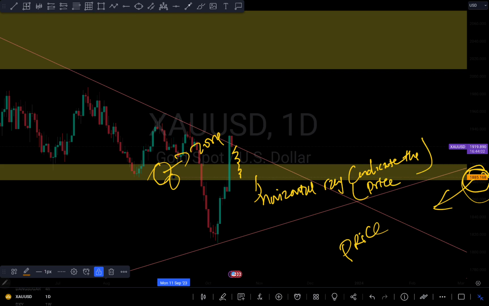So I'll be able to understand that, okay, this is a zone that I'm looking into, and if it gets to 1885 like shown right here, then there's a possibility that I might get off the market. That is if I see a sell move and I take the sell, because you have to know that the zones on a bigger time frame are more solid than a smaller time frame.